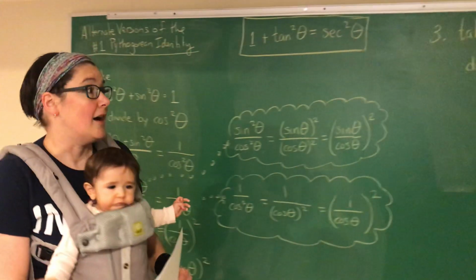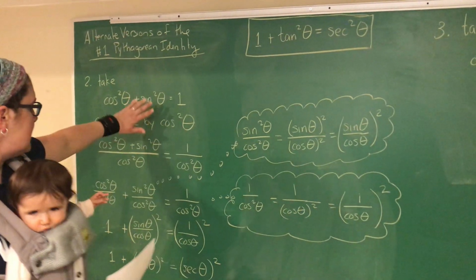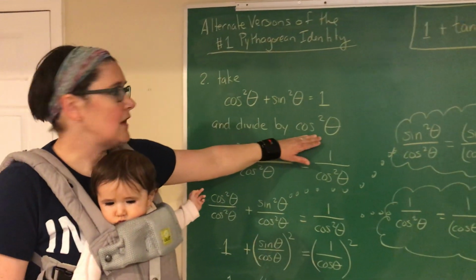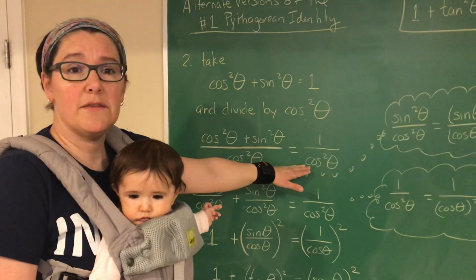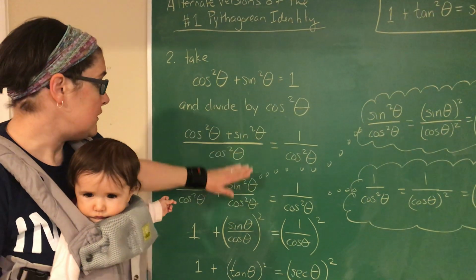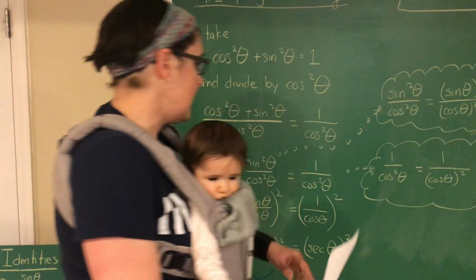And your job in part of your remote assignment is going to be to do a similar process that we've done here. Instead of dividing by cosine squared theta everywhere, you're going to divide by sine squared theta. Now, your job is going to be to show the intermediate steps here until you get to the very end.